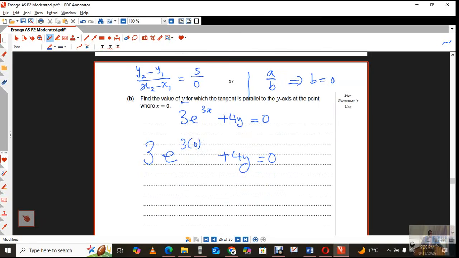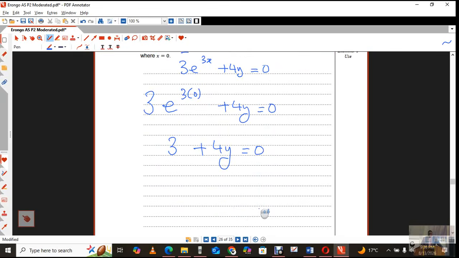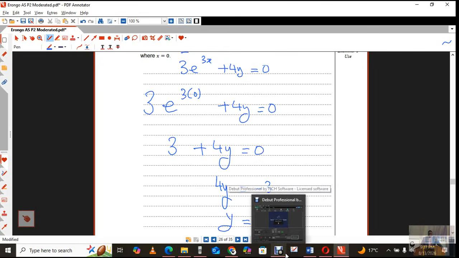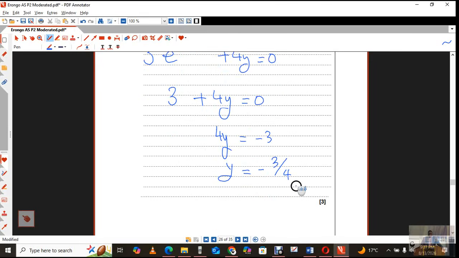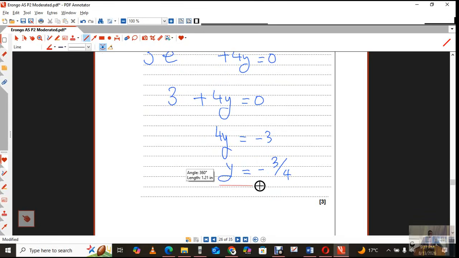Now, anything raised to the power of 0 becomes 1, so there's just going to be a 3, and then plus 4y is equal to 0. Now it becomes pretty easy. So 4y is equal to negative 3. Therefore, y is negative 3 over 4. Okay, and that is the solution to this question. It says find the value of y.